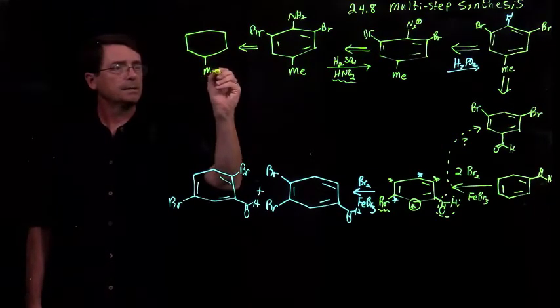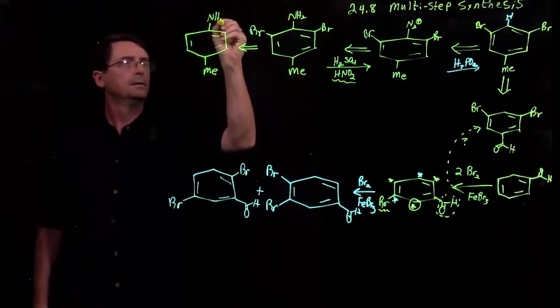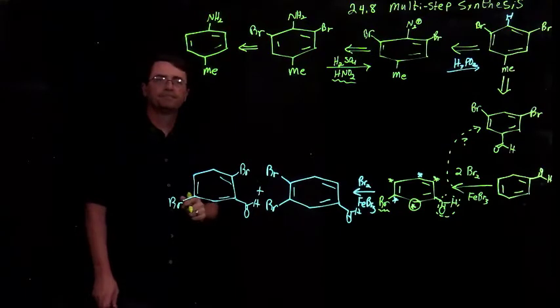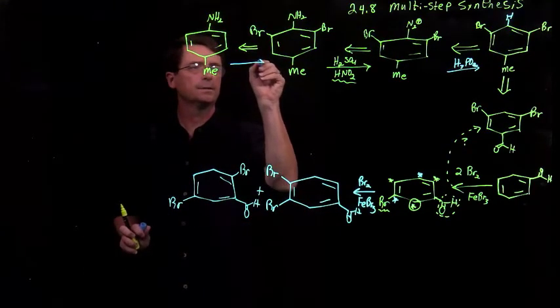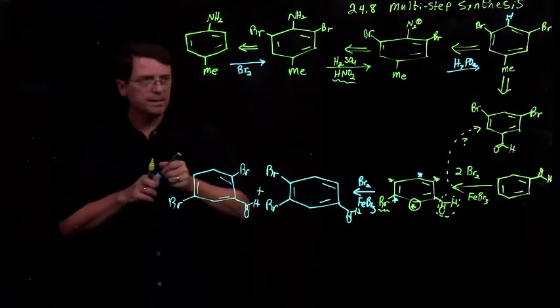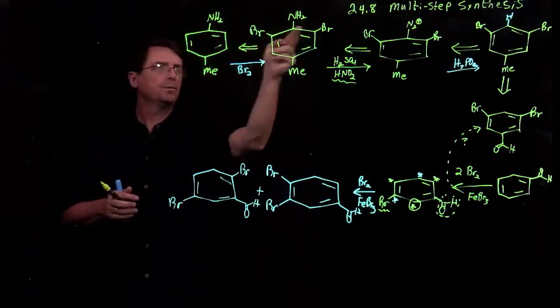But in this case, that's exactly what we want. Right? And of course we could write that chemistry in the forward direction. All we need is Br2. The amino group is so activating that it puts both bromines in.